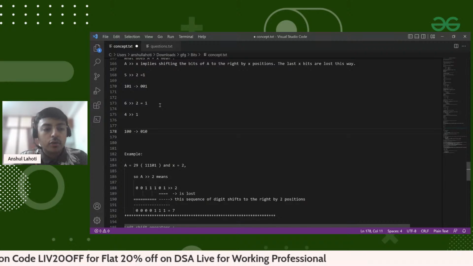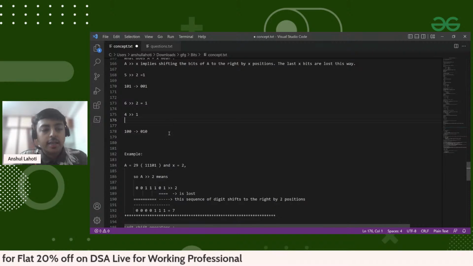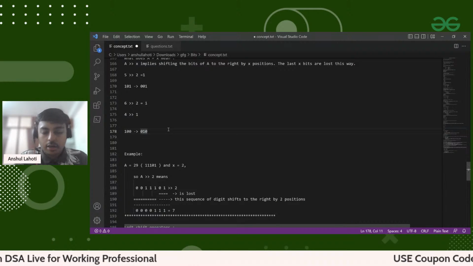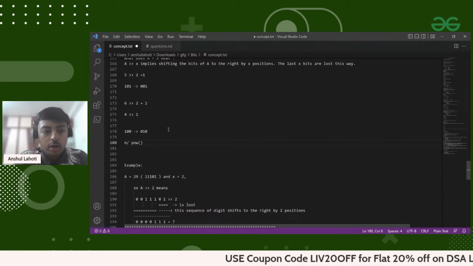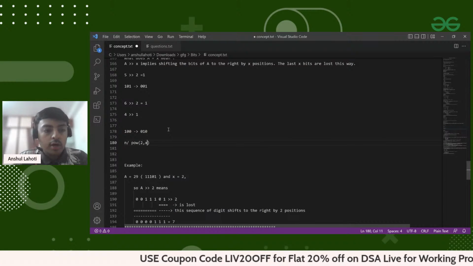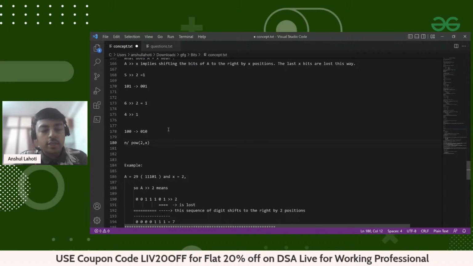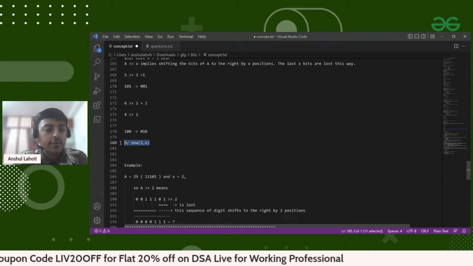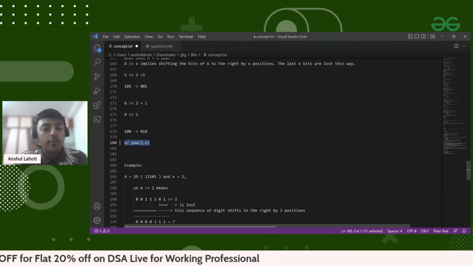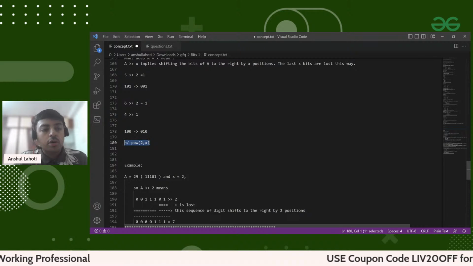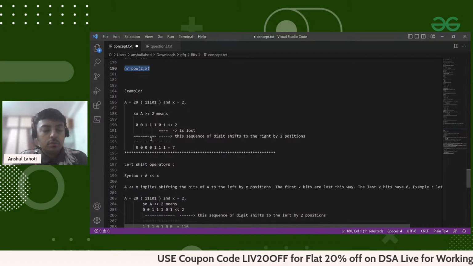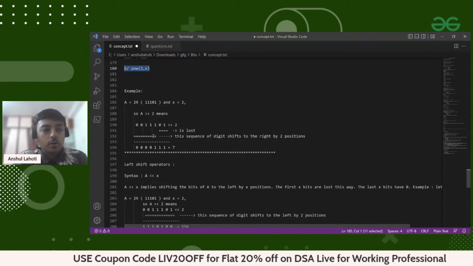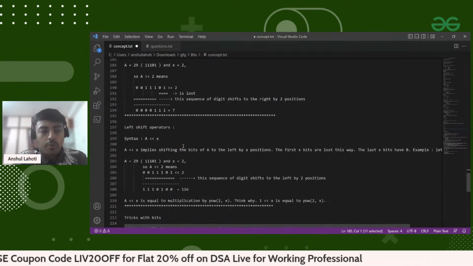So the pattern is the number n divided by 2 to the power x. This will be your output every time you right shift a number n by x. This is the pattern I was telling about. So this is the right shift operator. I hope it is clear to you.